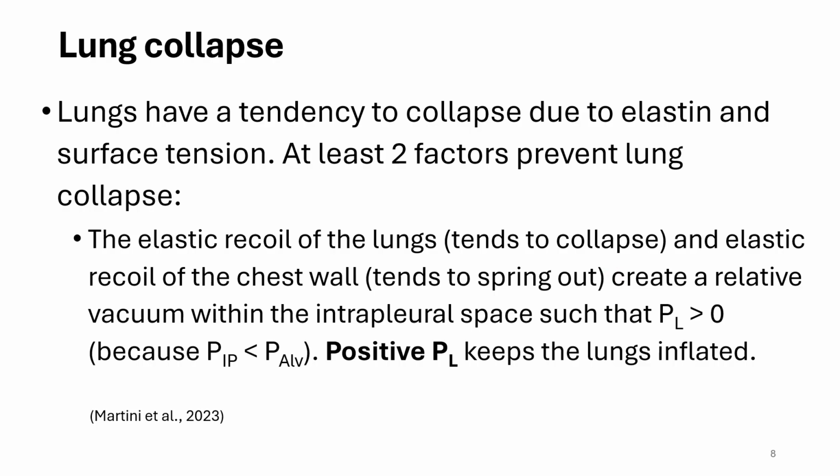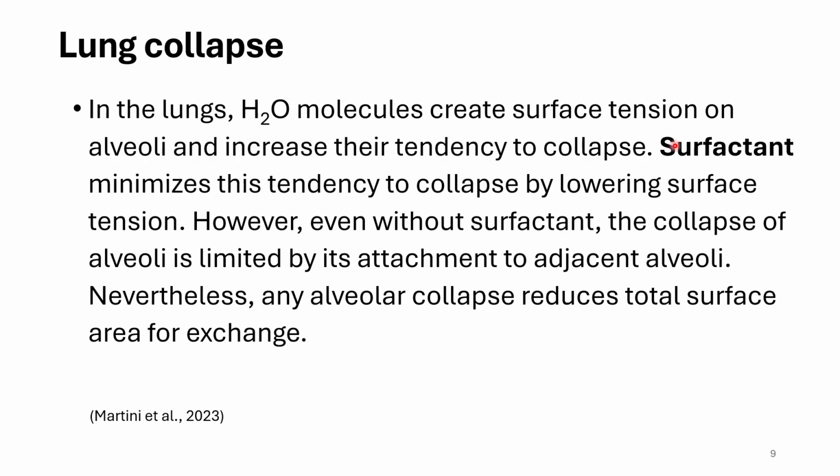The other one is the surfactant. The surfactant helps minimize the tendency to collapse, and as I said earlier, it lowers the surface tension. Lowering the surface tension helps keep the lungs open. Without the surfactant, a lung is going to collapse.